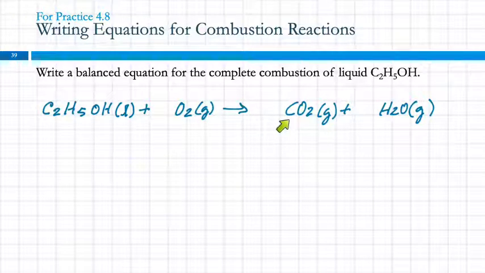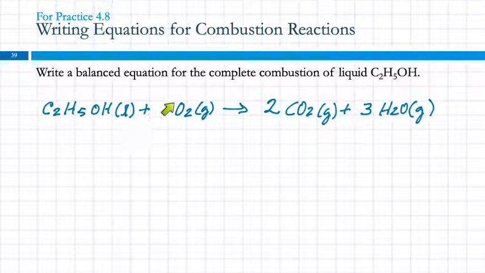I only have 1, right? So if I put a 2 in front of CO2, my carbons are balanced. And next I'd like to look at hydrogen. So don't forget this hydrogen here. So there's 5 here and 1, so a total of 6. And so over here, if I had 3 waters, then I'd have 6 hydrogens. And now we're going to cross our fingers.